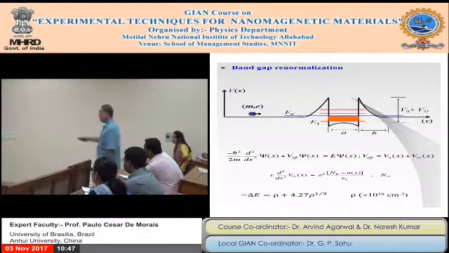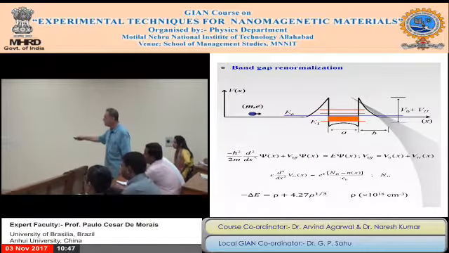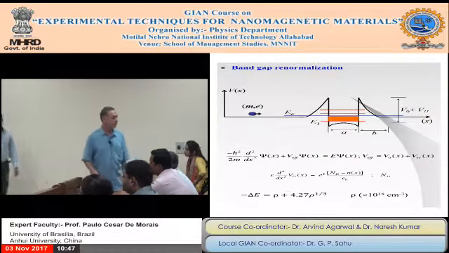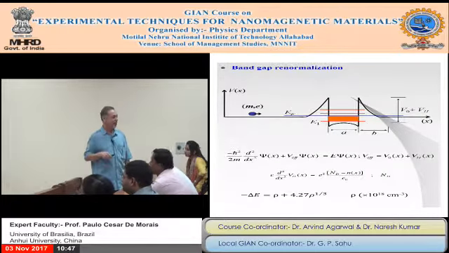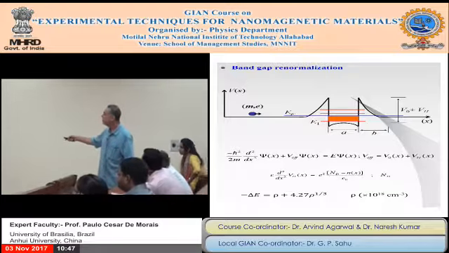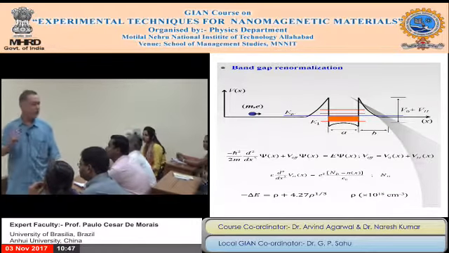So, if you have positive charge outside, again the Poisson equation makes this potential bend. It's not flat anymore like before, it bends too. So all the band bending you can see here is credited to Poisson's equation.